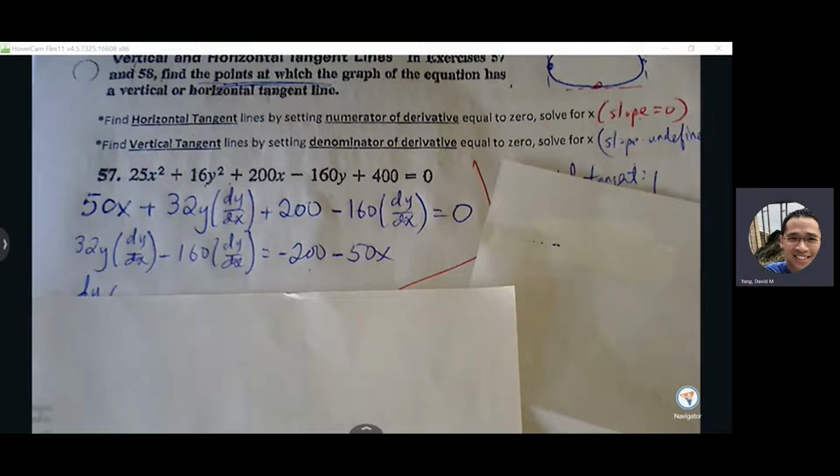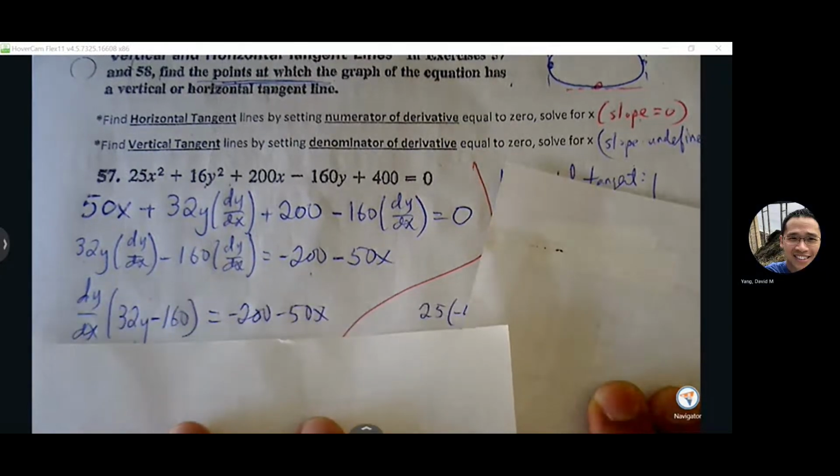So I can put my dy/dx terms together on the left side and push all the non-dy/dx terms to the other side of the equation. Factor out the dy/dx. I know there may be other common factors that can be pulled out, but we only care about isolating dy/dx. We don't care if it's nice and cleaned up.